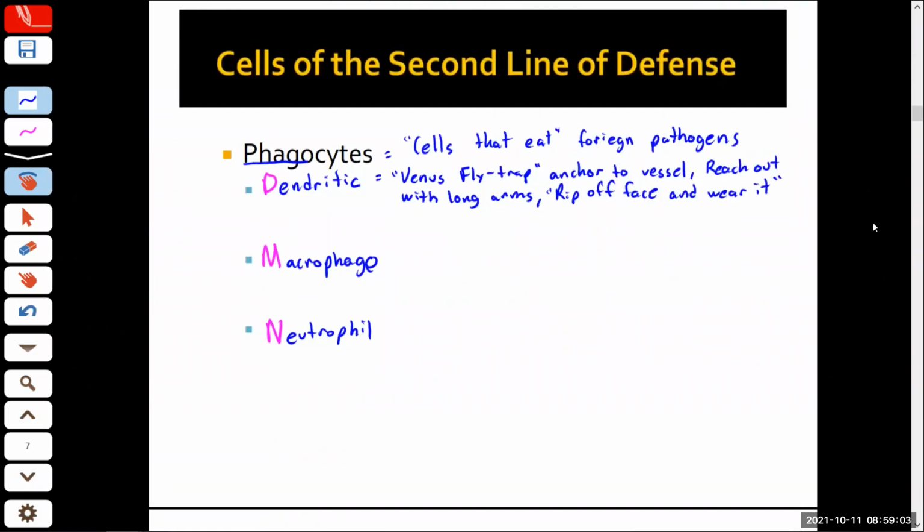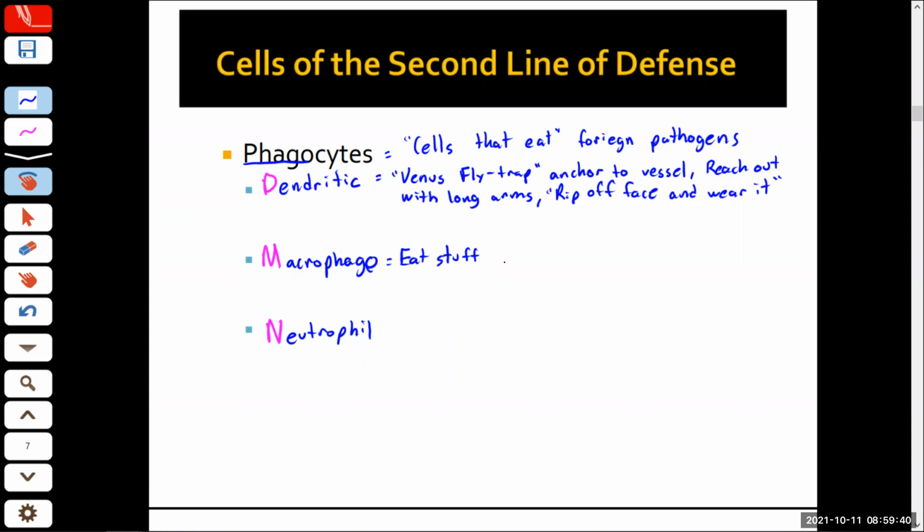Okay, so a macrophage, these are the ones most people are familiar with, yeah? They eat stuff. Now, what's kind of interesting about a macrophage is when it eats a pathogen, particularly like bacteria, it throws the lysosomes at it to break it down. It dissolves this thing in acid. What do you think it does with the leftover body parts? It's already eaten it. It vomits it back out.